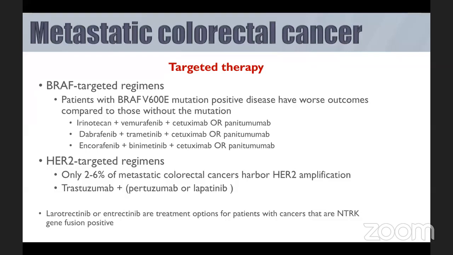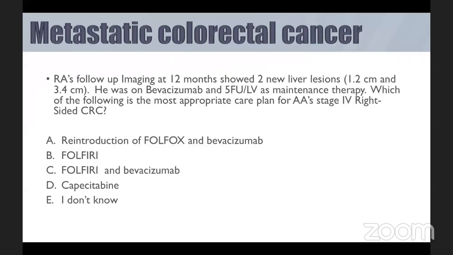Recently it was added to the guideline for patients with colorectal cancer who have a BRAF mutation, although it occurs in only around 5 to 15% of colorectal patients, in combination with the EGFR inhibitors. A HER2 regimen is also an option for those patients, although it's non-FDA approved, and only 2 to 6% of our colorectal patients have HER2 amplification.